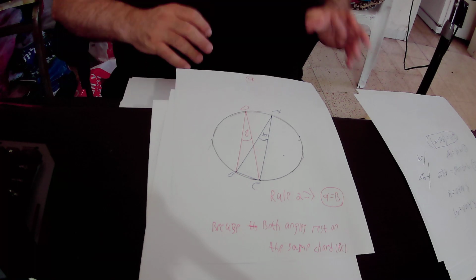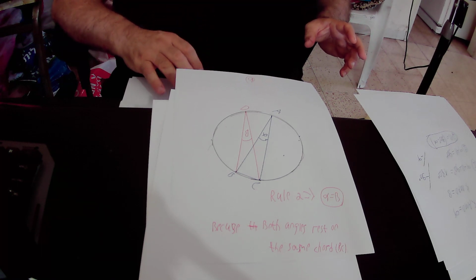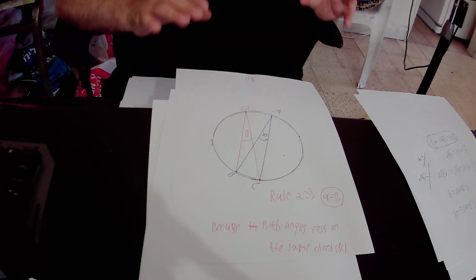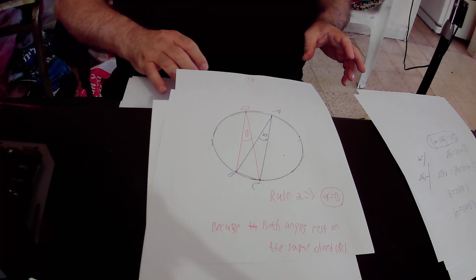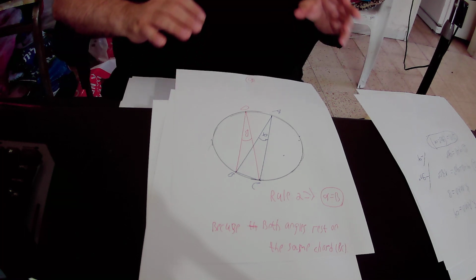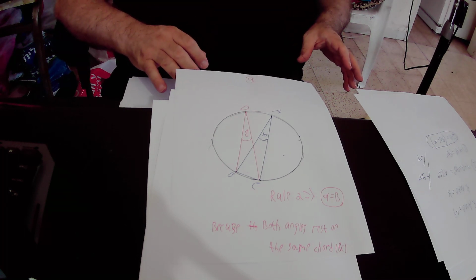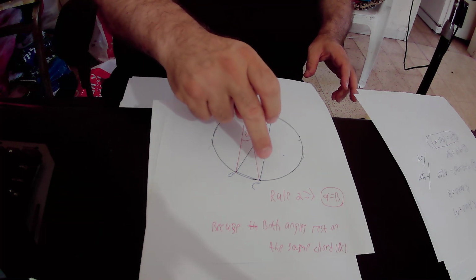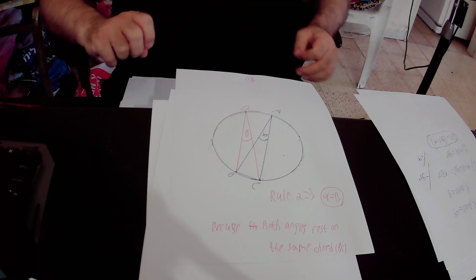So if we have two peripheral angles that rest on the same chord, or they can also rest on the same arc, it is the same, they are equal to each other. Alpha equals beta because both of them rest on the same chord BC.